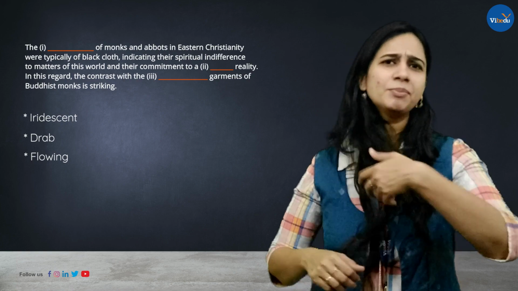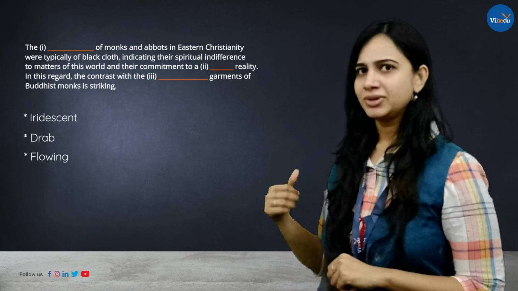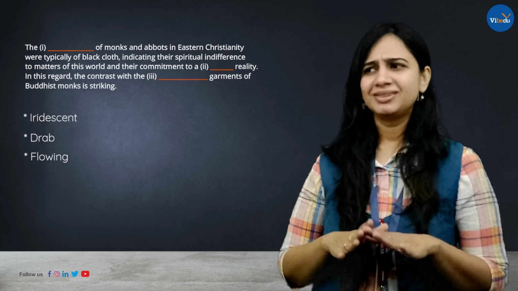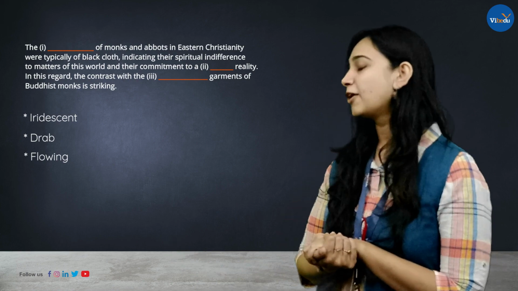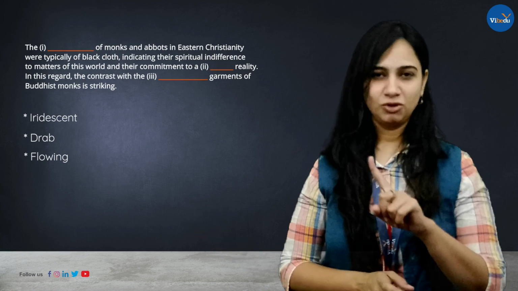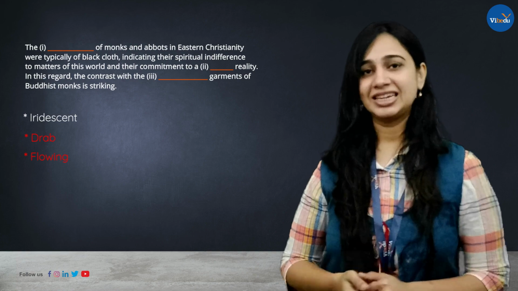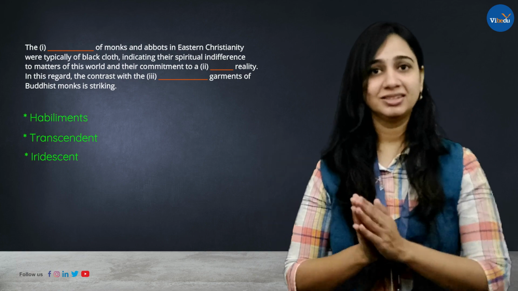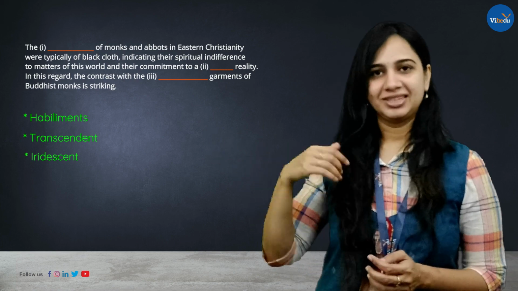Iridescent is the same, not subtle, colorful. Answer 2 is drab. Drab is boring, like very subtle. And last is flowing. Flowing is showing flow. So no drab, no flowing. My answer and our answer is iridescent. So these three are the answers: habiliments, transcendent and iridescent.